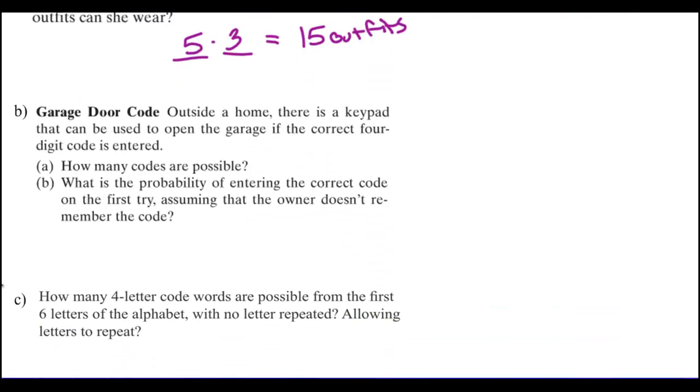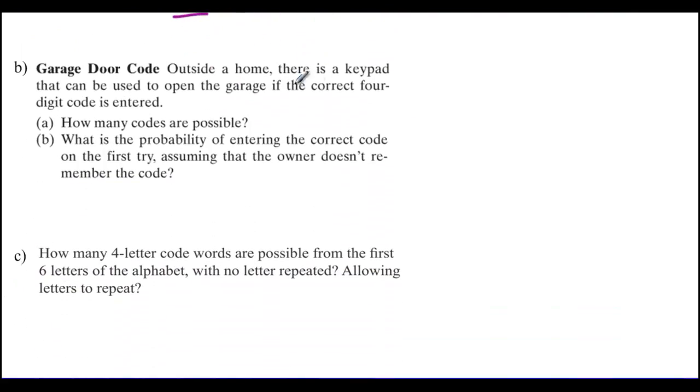For B, on the outside of a home, there's a keypad that can be used to open the garage if the correct 4-digit code is entered. How many codes are possible? We get 4 digits, so we're going to have to punch in 4 numbers. For each of these, it doesn't say that we cannot repeat, so we will assume that we can repeat numbers.